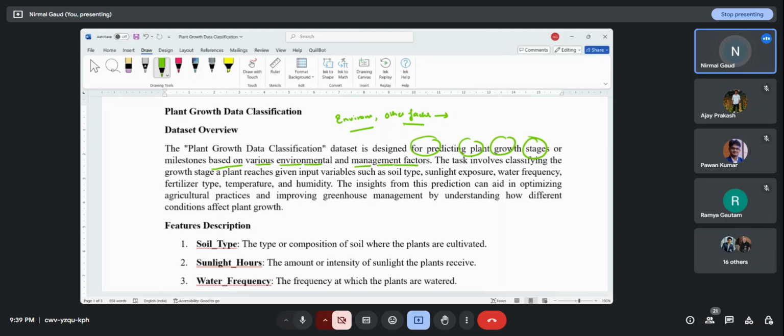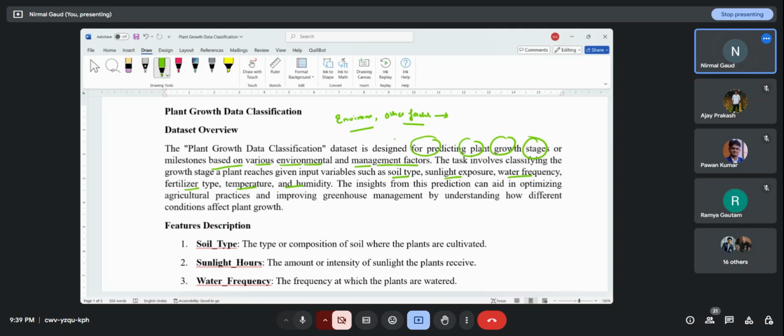In the data, environmental factors such as soil, sunlight, water frequency, fertilizer, temperature, and humidity are responsible for the growth of the plant.